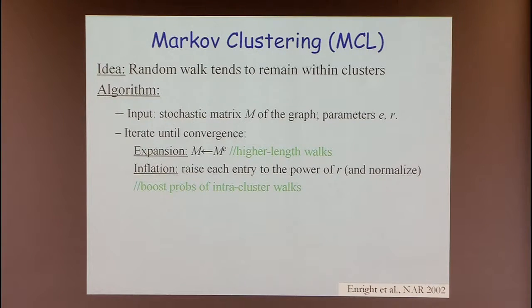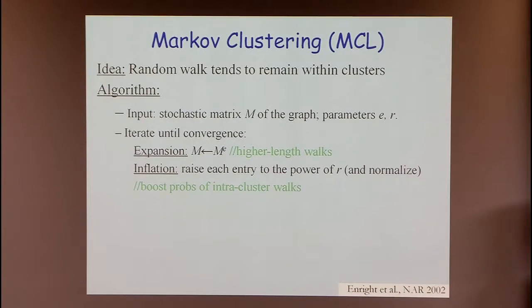So this is the main idea behind Markov clustering, and it is something very procedural. You start with the adjacency matrix of the graph. You make it stochastic. And then you do two steps iteratively. In one step, called expansion, you raise the matrix, a matrix product, to some power.